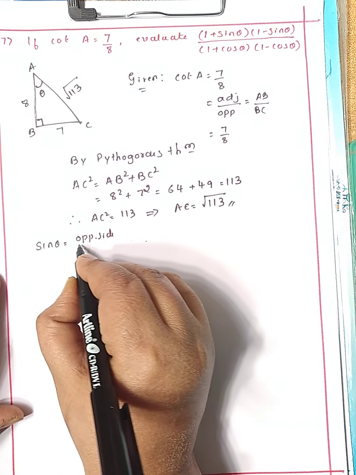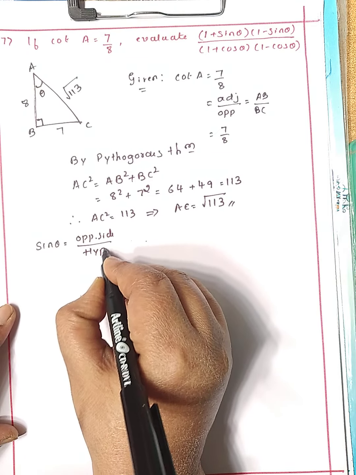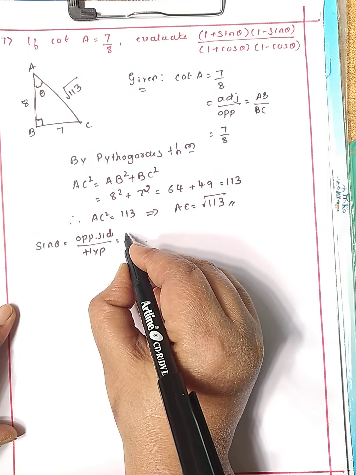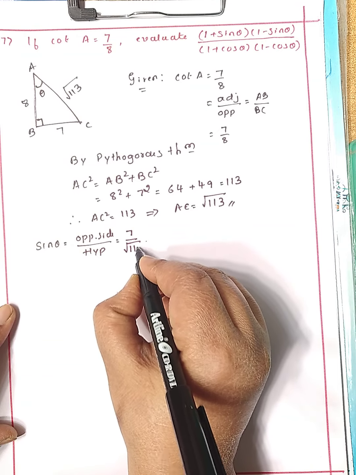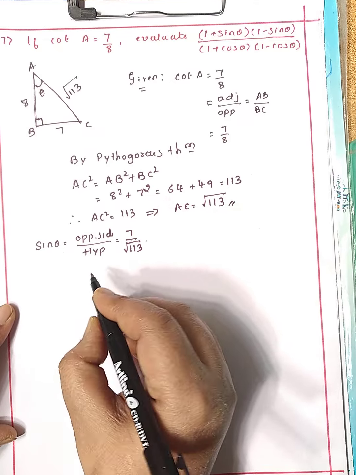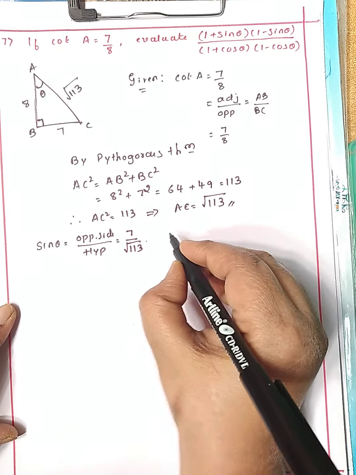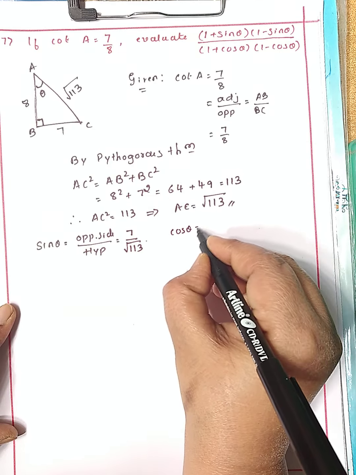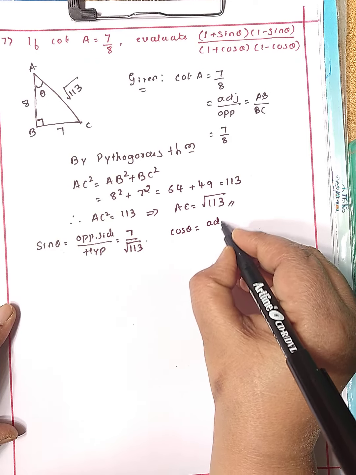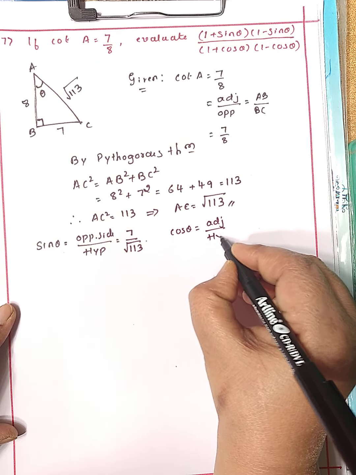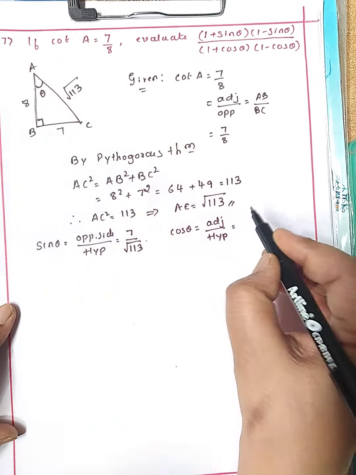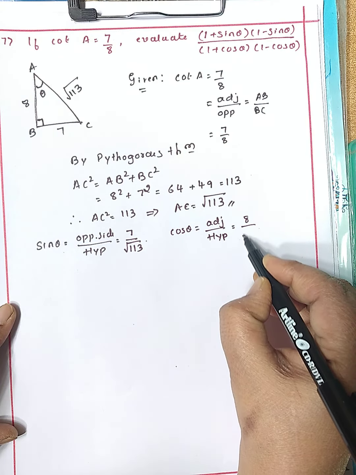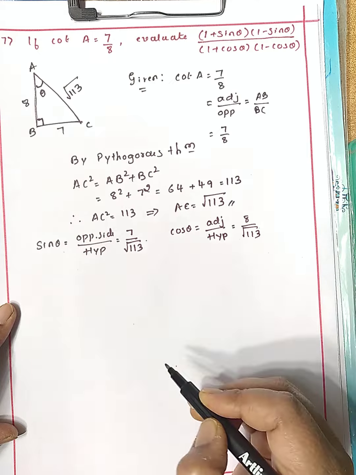Opposite side is 7 and hypotenuse is square root of 113. Then cos theta. Cos theta is adjacent by hypotenuse. For cos theta, adjacent is 8 and hypotenuse is square root of 113.